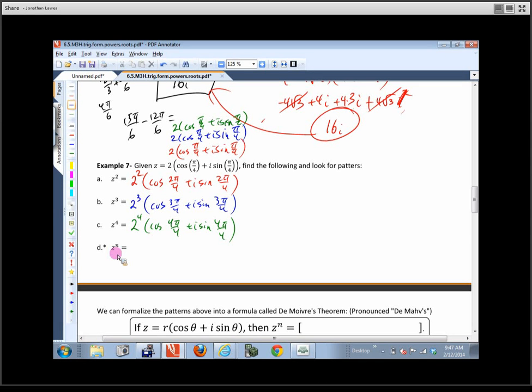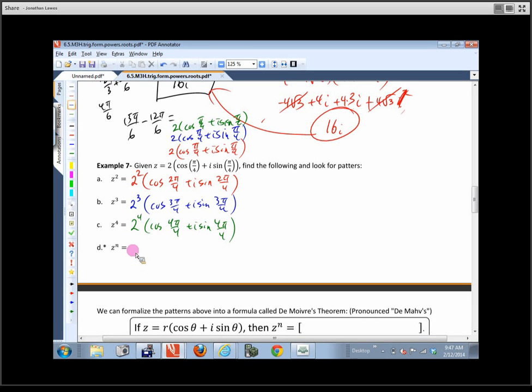So what if I said raise it to the n? Write down a formula for raising that number to the nth. If we had written pi halves here and pi here, it's a little harder to spot what the formula would be. This is pretty easy.